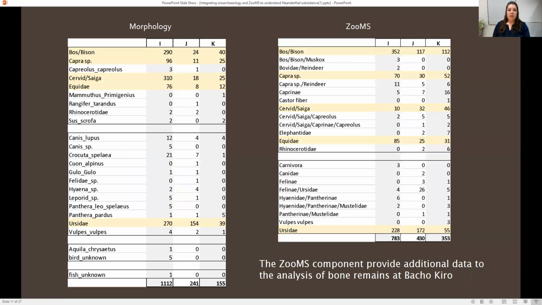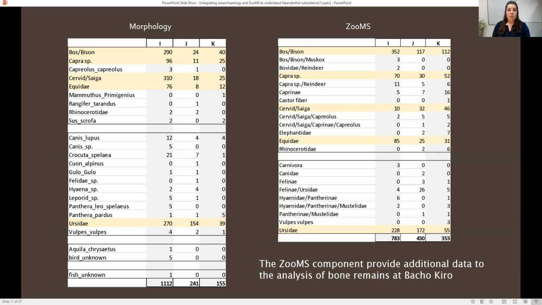So here we present the number of identified specimens for both the morphology component on the left and the ZooMS analysis on the right. Some of the taxonomic identifications based on morphology have been grouped under a broader identification for a matter of standardization, and in order to facilitate the comparison with the ZooMS component.